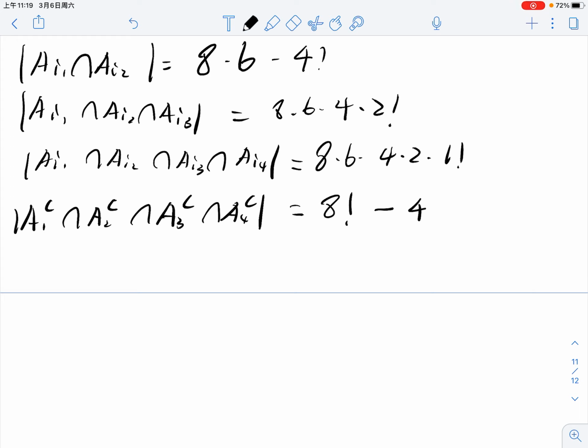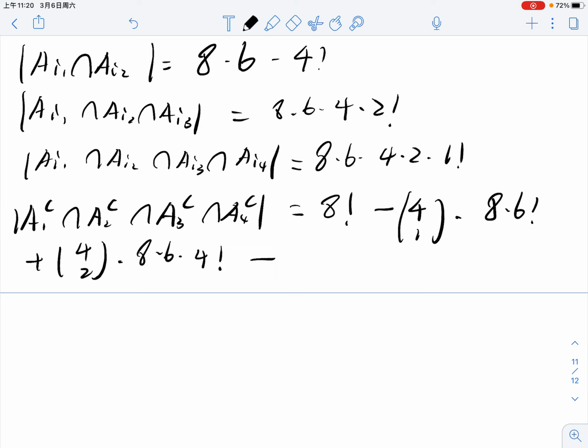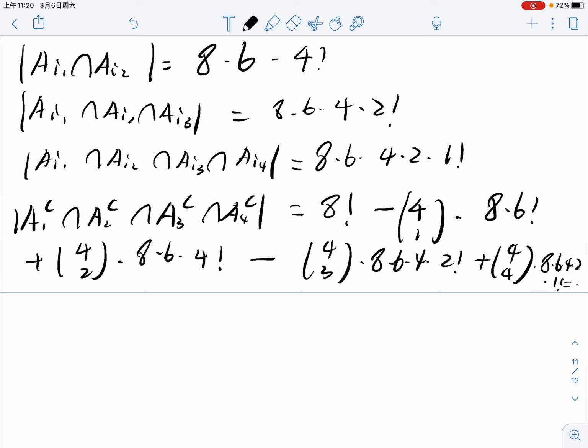So here, 4 choose 1 times 8 times 6 factorial, plus 4 choose 2 times 8 times 6 times 4 factorial, minus 4 choose 3 times 8 times 6 times 4 times 2 factorial, plus 4 choose 4 times 8 times 6 times 4 times 2 times 1 factorial, and so on. Okay, I will stop here.